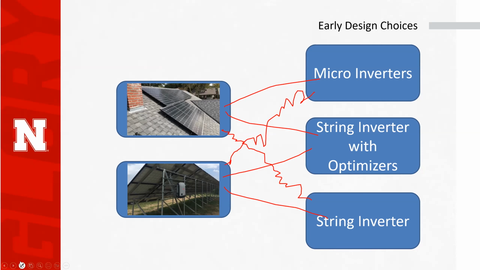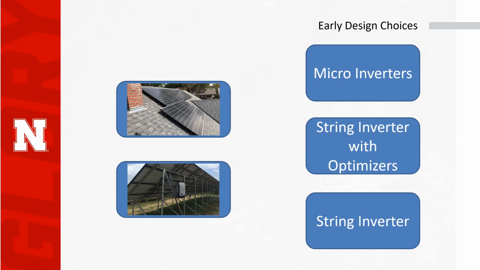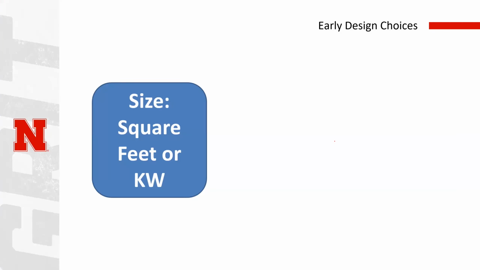That's why I draw the squiggly lines, to show that we don't see that very often. So back to what's normal. What's normal is microinverters with roof mounts, string inverters with ground mounts, and optimizers with either one. We are seeing some installers use these optimizers because they like that brand. So we'll show you those a little bit as well.